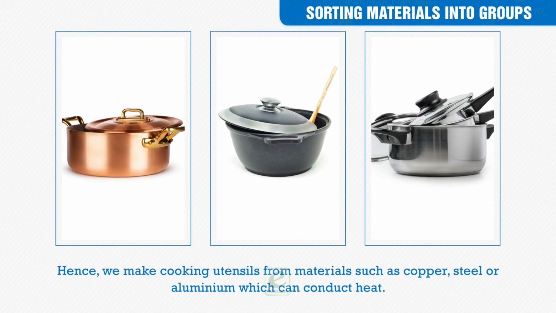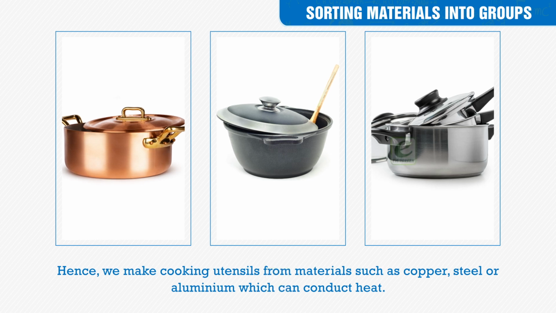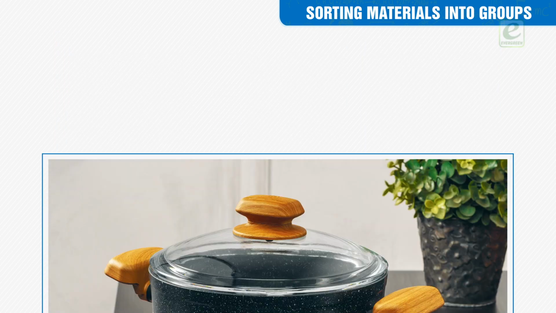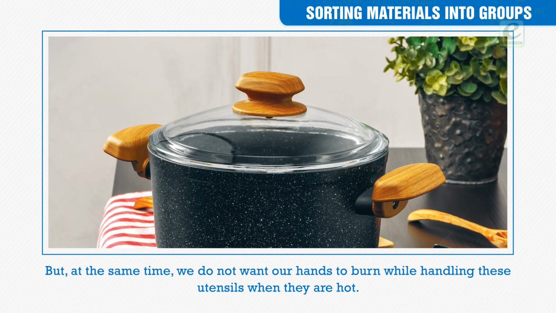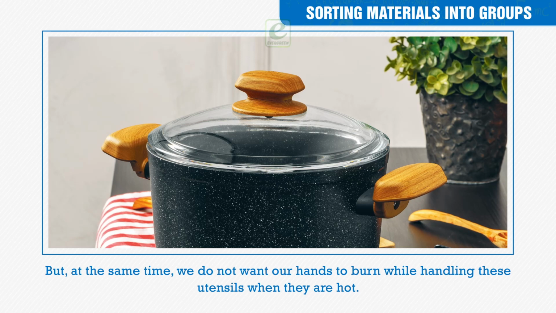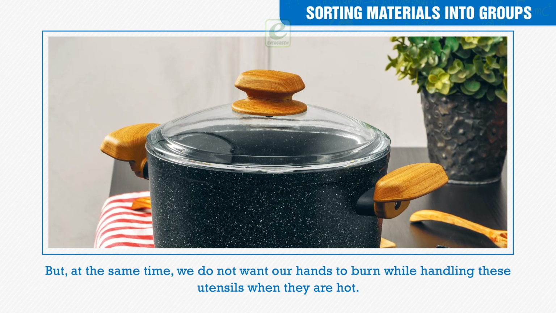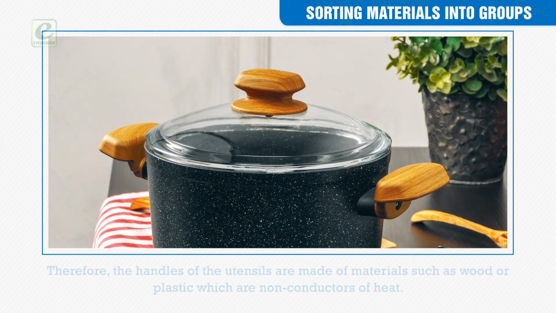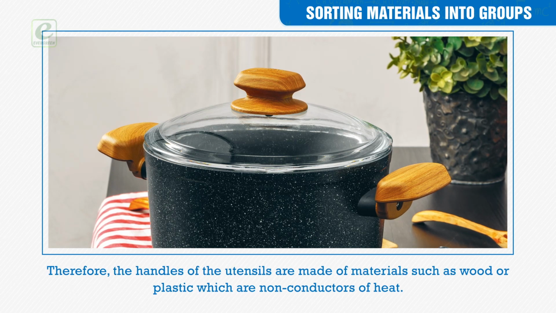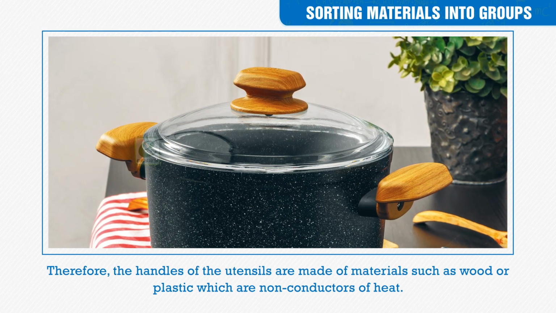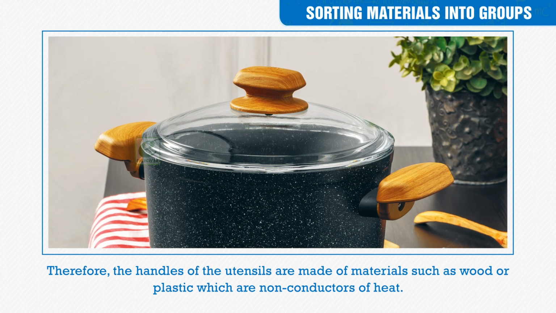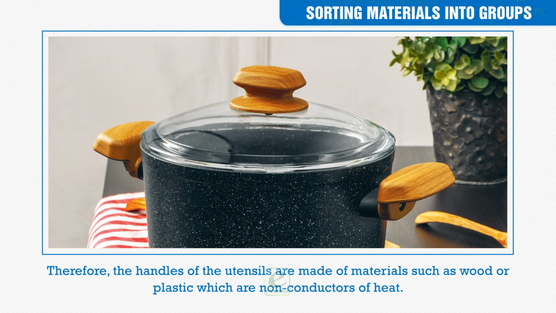Hence, we make cooking utensils from materials such as copper, steel, or aluminium, which can conduct heat. But at the same time, we do not want our hands to burn while handling these utensils when they are hot. Therefore, the handles of the utensils are made of materials such as wood or plastic, which are non-conductors of heat.